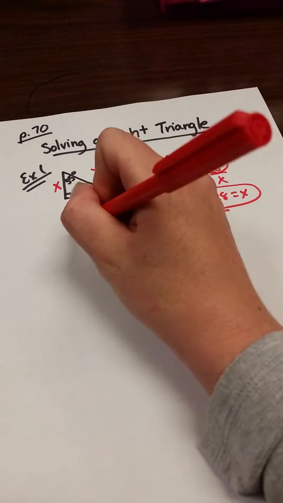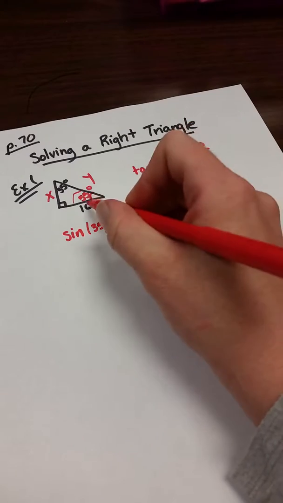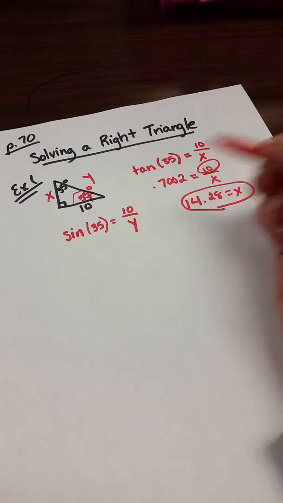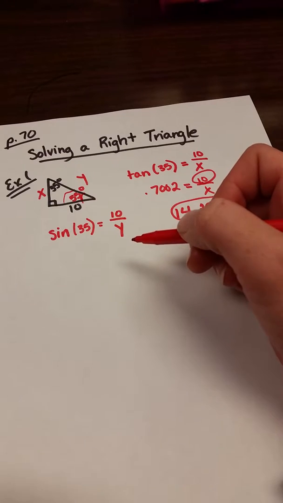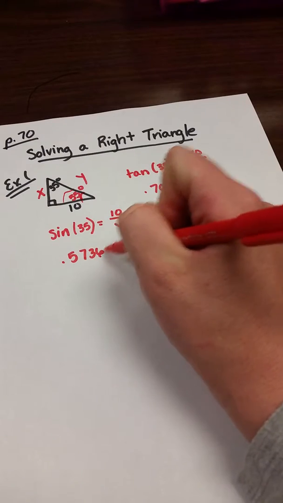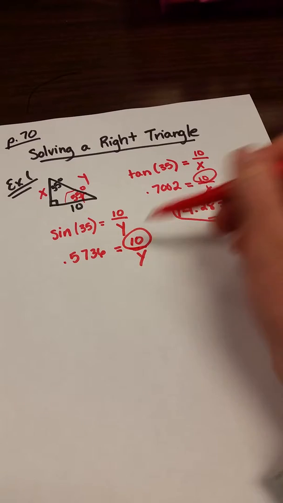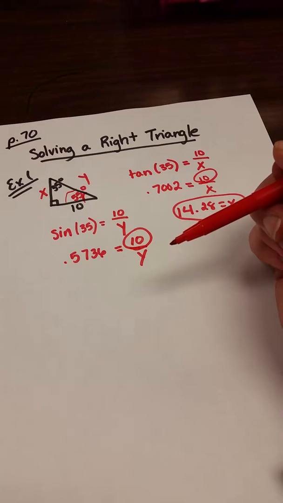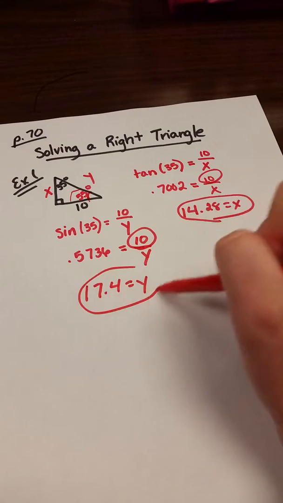So I'm going to do sine of 35 equals opposite 10 over hypotenuse Y. So I'm going to type in sine of 35 and hit enter, and I get 0.5736 equals 10 over Y. And since this 10 is on top, I'm going to divide by that. So type in 10 divided by 0.5736, and you get 17.4 for Y.